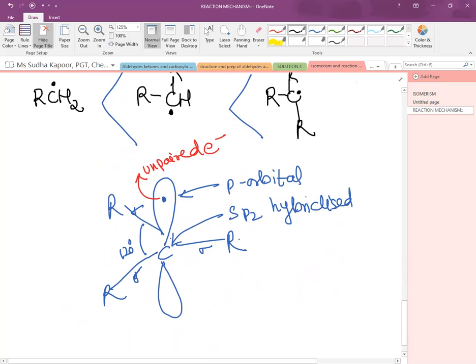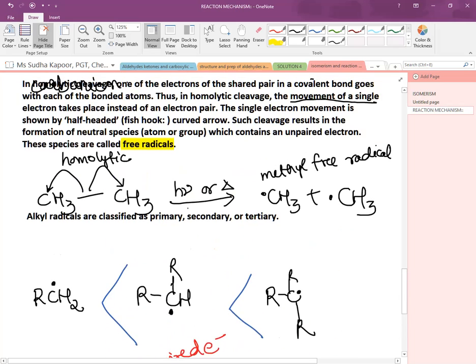Again, it is sp2 hybridized, and the bond angle is 120 degrees. But the main difference is the presence of one unpaired electron in the p orbital. So we have discussed the carbocation, the carbanion, and the free radical, which are obtained during the heterolytic and the homolytic fission of the bond.